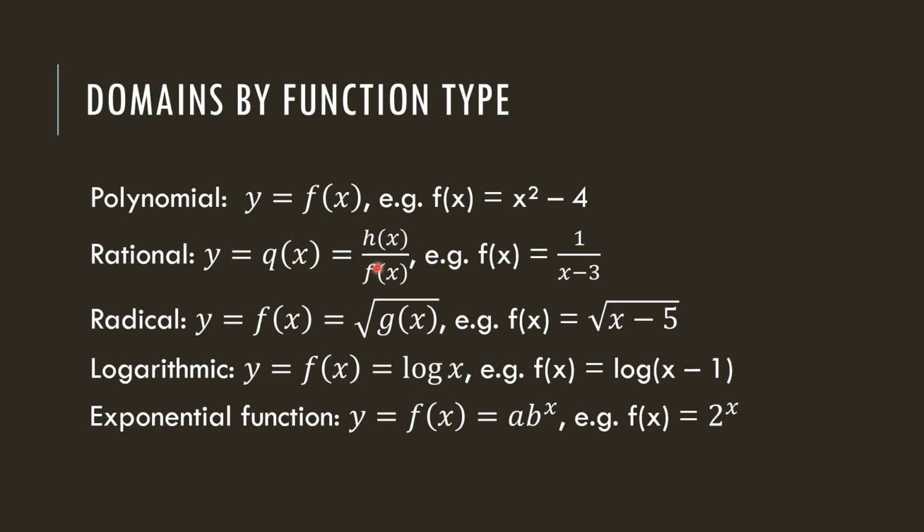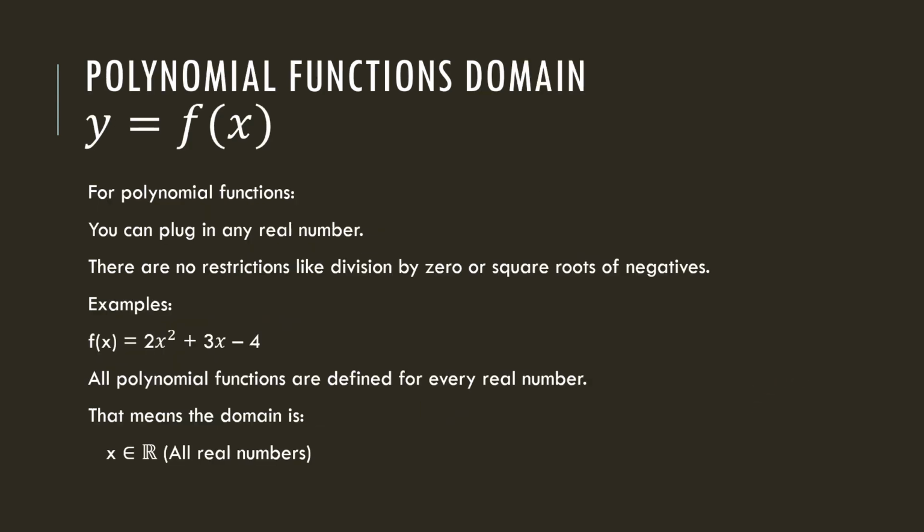Let's note how each function is expressed. Look at the example of a polynomial function, a rational function in the form of a fraction, a radical function where there is an expression under the root sign, a logarithmic function in this form, and an exponential function, where the input variable is the exponent, power or index.